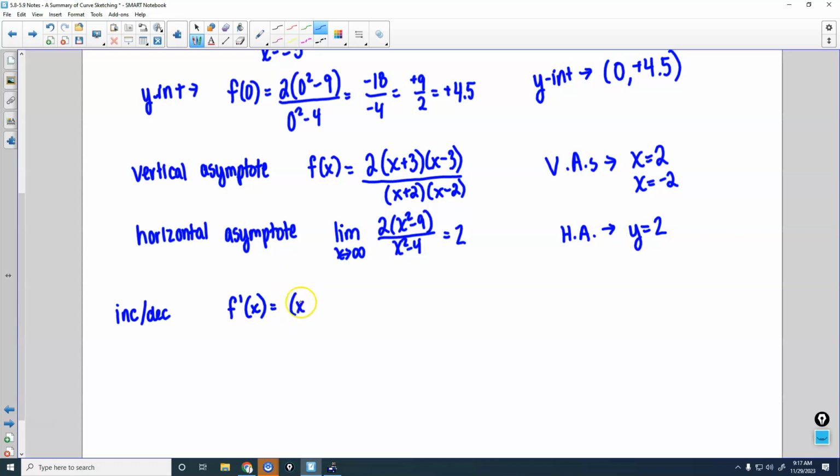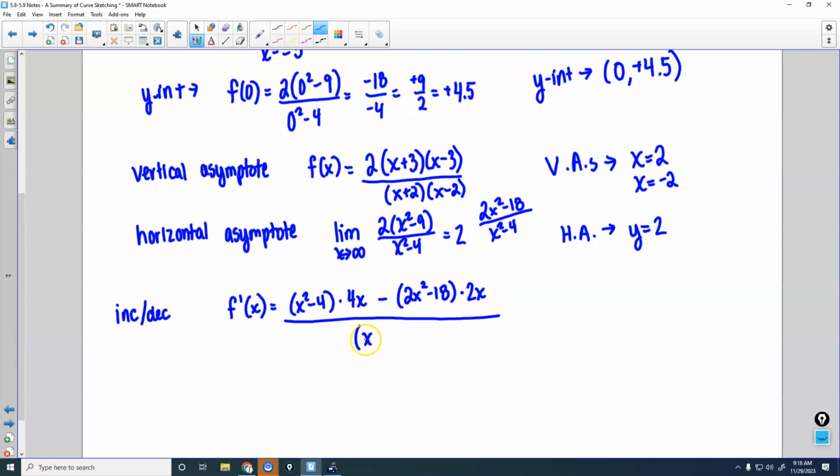So we are going to have x squared minus 4 times, I actually would probably do this. I'd probably make this 2x squared minus 18 over x squared minus 4. I just think that makes it a little easier to take the derivative because you don't really have to use the chain rule on this. So that would just be 4x minus 2x squared minus 18 times 2x over x squared minus 4 squared.